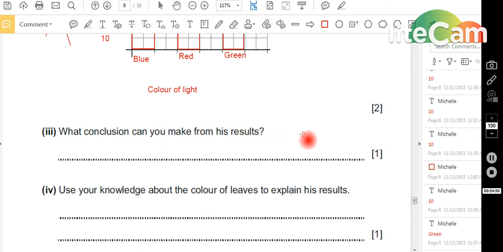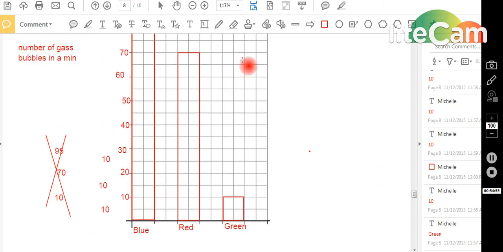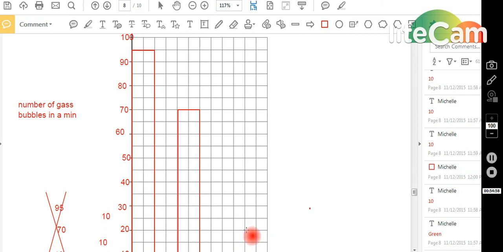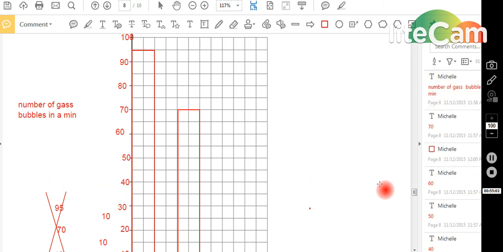Okay, a conclusion is basically the end result that you get to. So this is the results that we've seen. Obviously the number of gas bubbles is going to be equal to the amount of photosynthesis that took place. Am I right? So the more gas being released, the more there was photosynthesis.